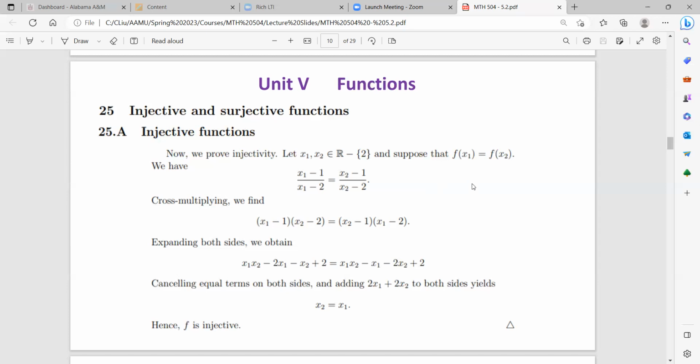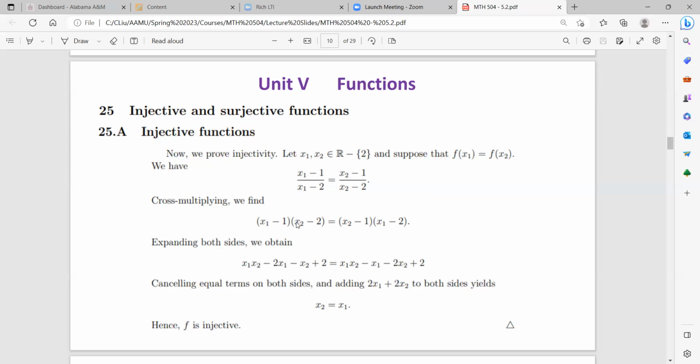When you multiply two fractions, you just multiply top by top and bottom by bottom. But if you have a proportion, you do the cross multiply. So don't get confused. So then we get (x1 minus 1) times (x2 minus 2) equals (x1 minus 2) times (x2 minus 1), and then you expand both sides easily.